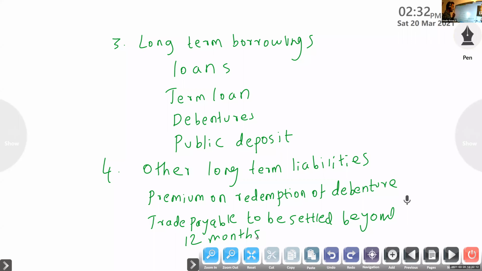Beyond a year means that is other long-term liabilities. So whenever you are writing the item, you have to study also. Other long-term liabilities: premium on redemption of debenture, then trade payable to be settled beyond 12 months. Any liability settled beyond 12 months is other long-term liabilities.